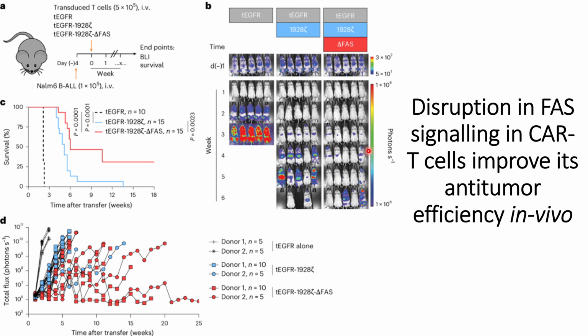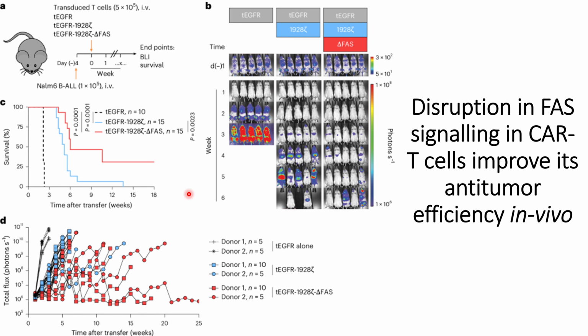In the case where FAS signaling is down-regulated, we can see further improvement in the anti-tumor efficacies, as all the mice seem to survive after 6 weeks, and the tumor rates are also low, even when compared to the case with the intracellular domain without FAS signaling disruptions.